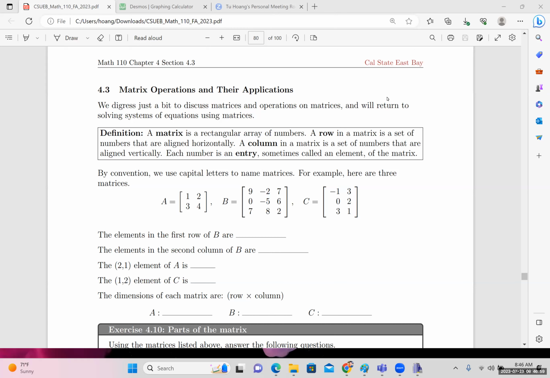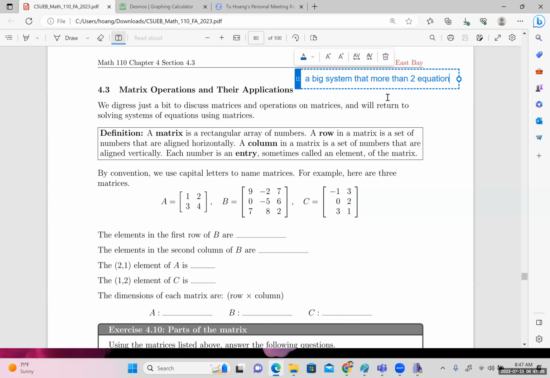This is one of the ways we can solve a system of linear equations, and matrix operations are really helpful with a big system that has more than two equations and two variables.